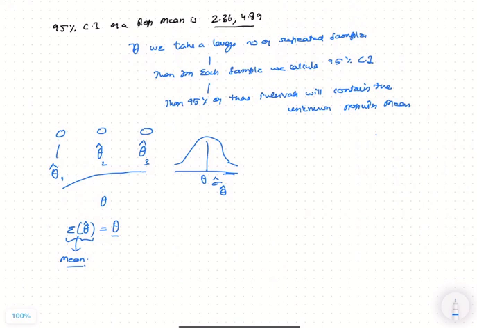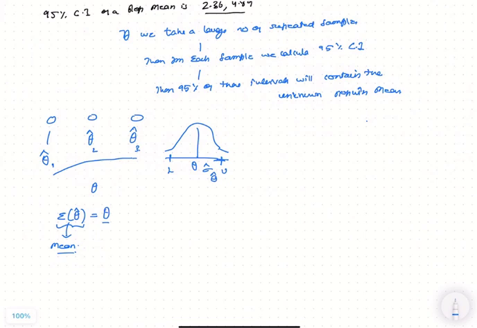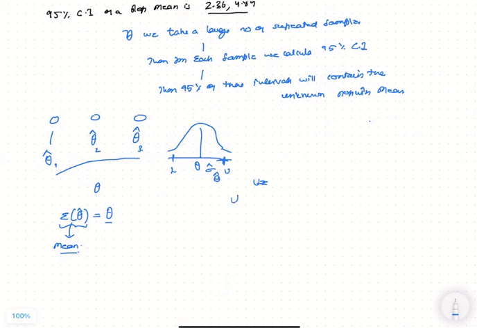If this is theta and say there is an upper limit u and a lower limit l, what's u going to be if this is a standard normal distribution? u divided by sigma theta hat is going to be the z value, and the z value would depend on the confidence interval limits.